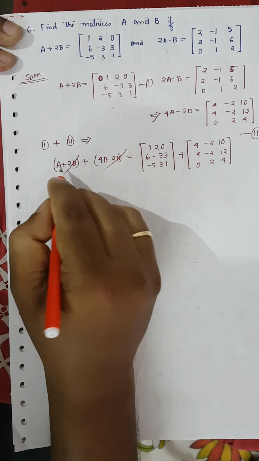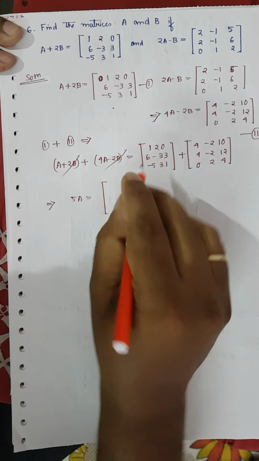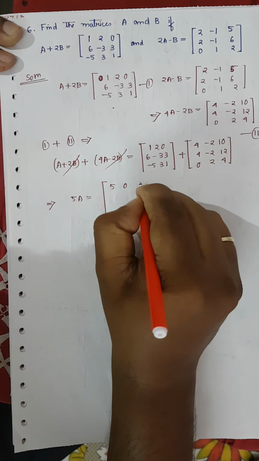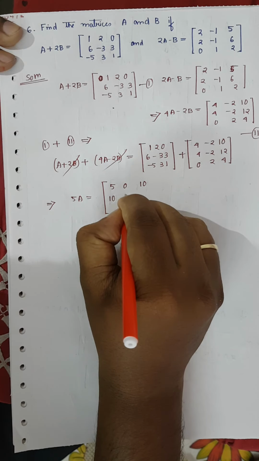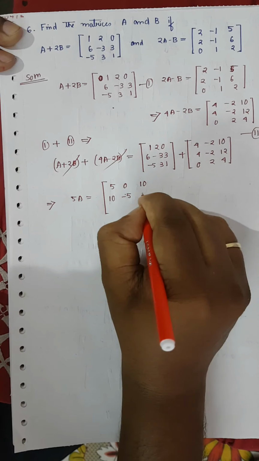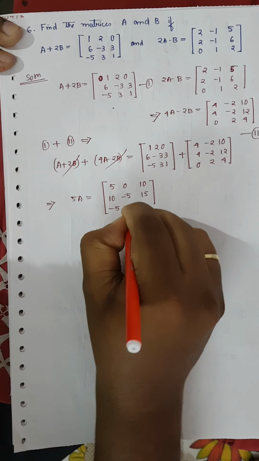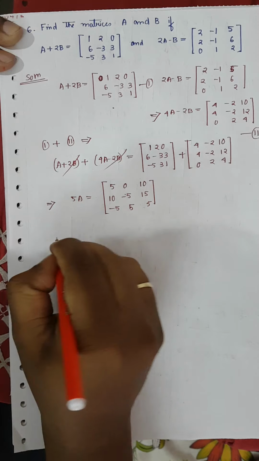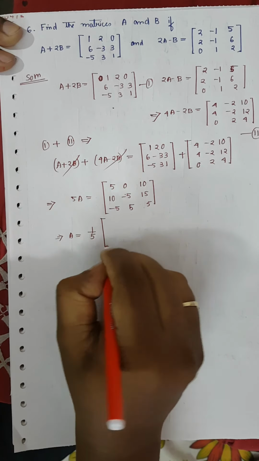Twice B cancels, and 4A plus A is 5 times A. So 1 plus 4 is 5, 2 minus 2 is 0, 0 plus 10 is 10, 6 plus 4 is 10, minus 3 plus 2 is minus 5 (sic: minus 1), 3 plus 12 is 15, minus 5 plus 0 is minus 5, 3 plus 2 is again 5, and 1 plus 4 is again 5. So A is equal to 1 by 5.